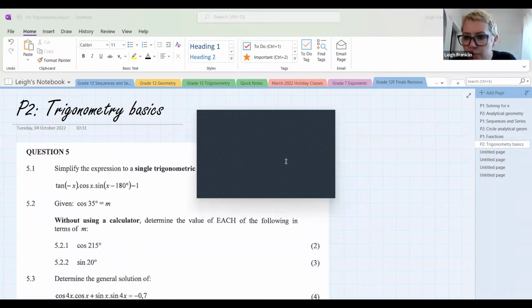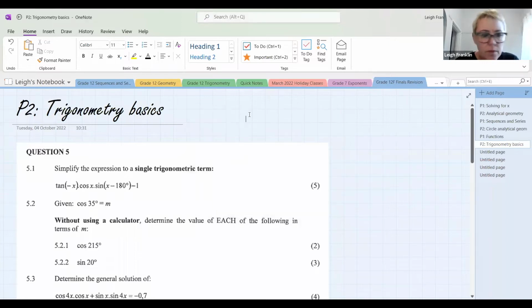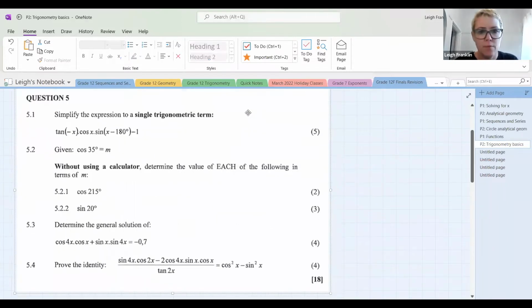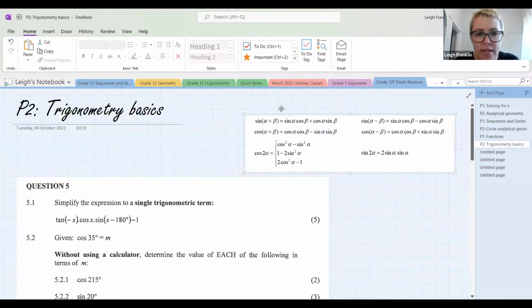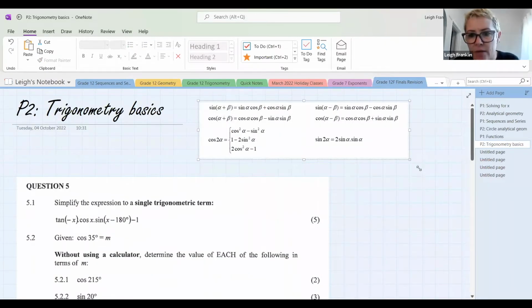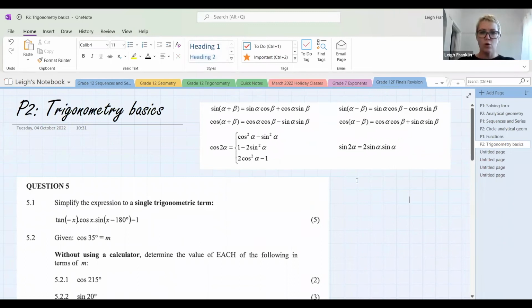Okay, there we go. There are our trig identities as they will appear on your sheet.